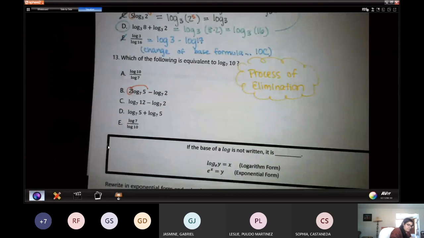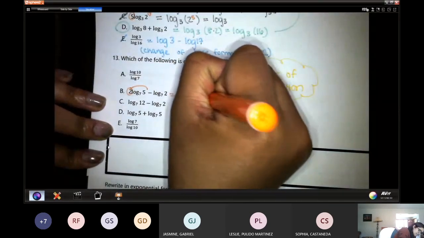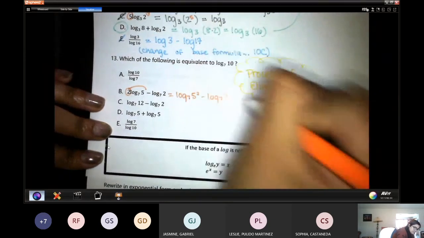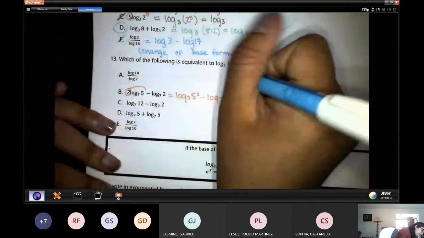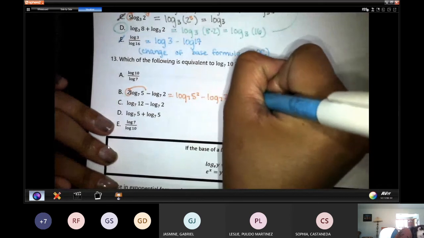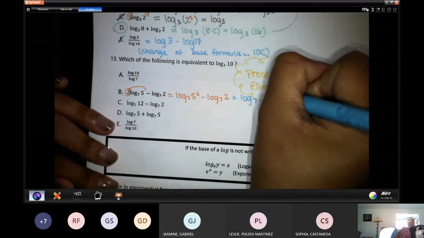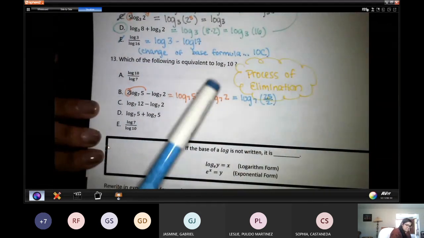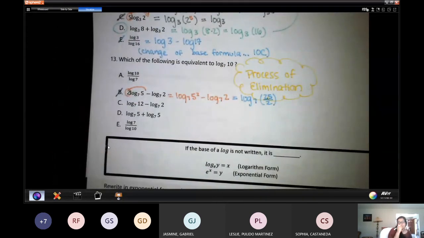So we'd end up with log base 7 of 5 squared minus log base 7 of 2. Then because it's subtracting, it'd be the quotient property, and we'd be left with log base 7 of 25 divided by 2. That's obviously not the answer because 25 divided by 2 doesn't equal 10. So cross it off, all right?